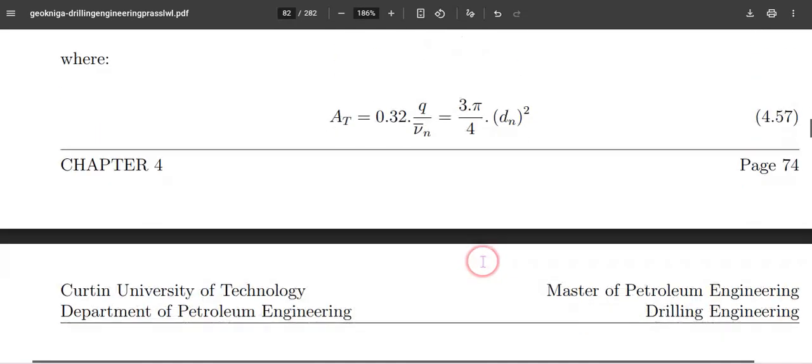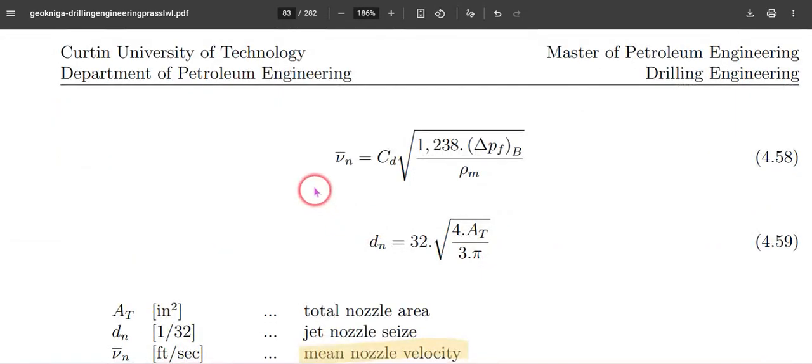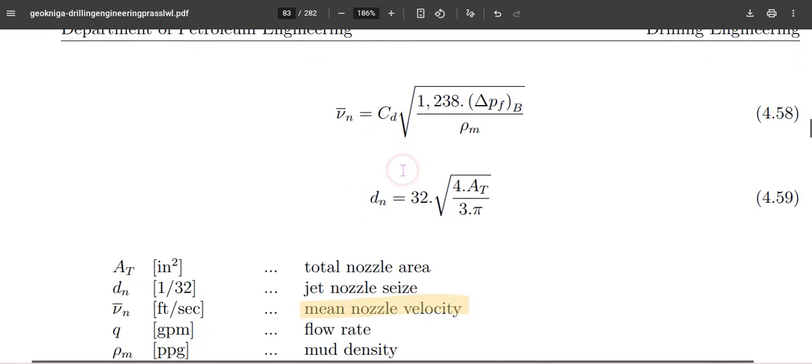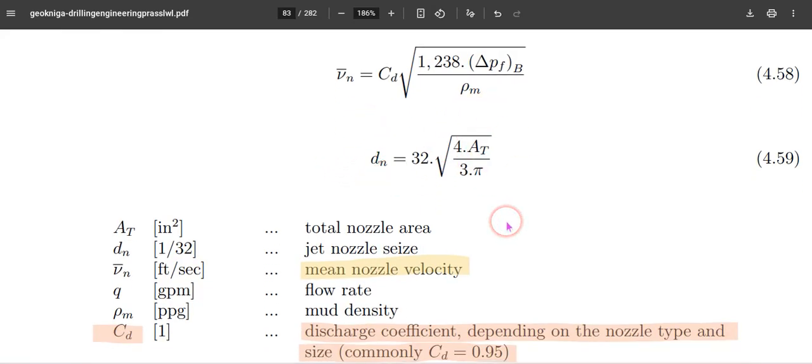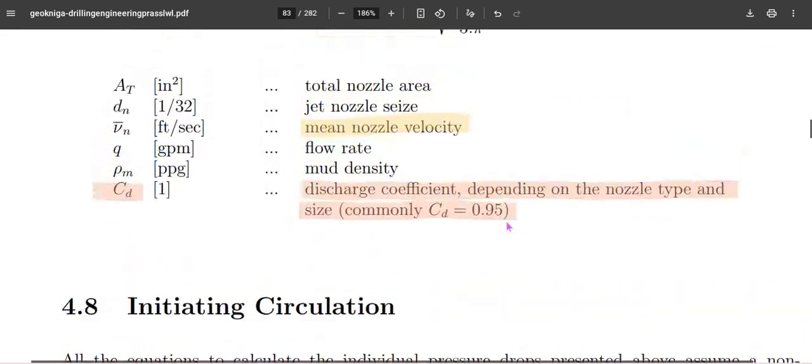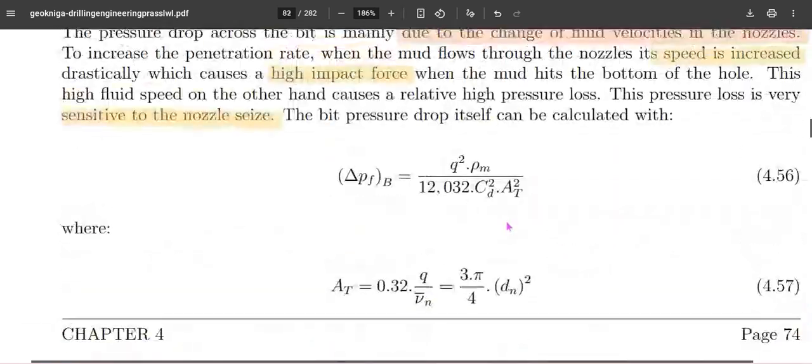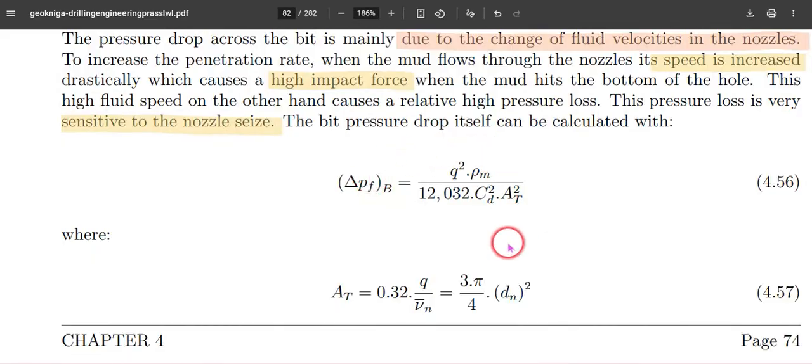That effective velocity is also computed through the pressure drop and that empirical constant, and this is the nozzle's diameter, which is computed from the effective flow area. So through this we can compute the pressure drop across the drill bit.